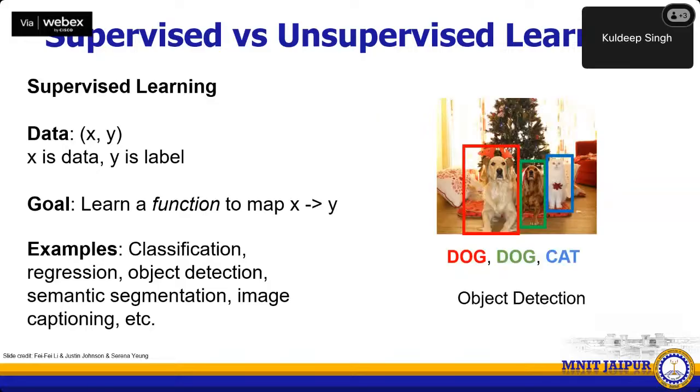Another example, specifically in the field of computer vision, could be object detection. In image classification, you are just classifying the whole image to a certain category. However, in object detection, you are detecting different objects in the image. Not only detecting, you are localizing them, drawing a bounding box around them and assigning a class to them. So that is object detection.